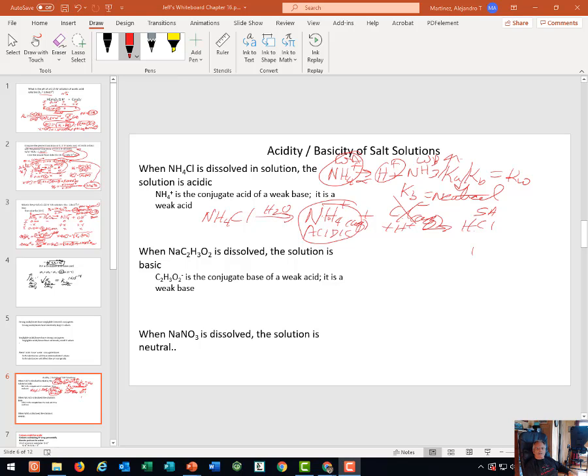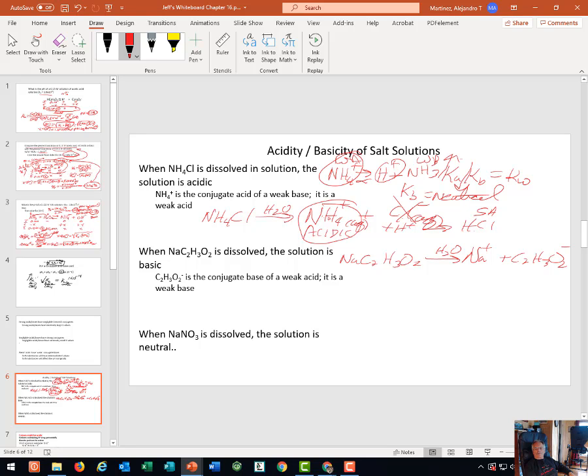Okay, let's take a look at sodium acetate. And here's sodium acetate. It is a completely soluble salt. So if we throw it in water, NaC2H3O2, throw it in some good old H2O, it completely dissociates into the sodium cation and C2H3O2 minus.